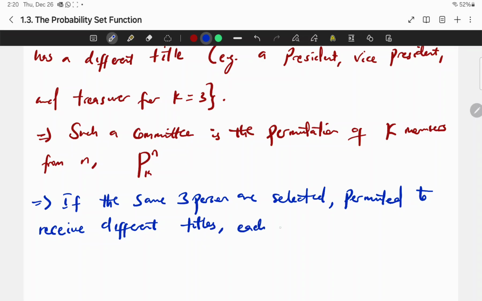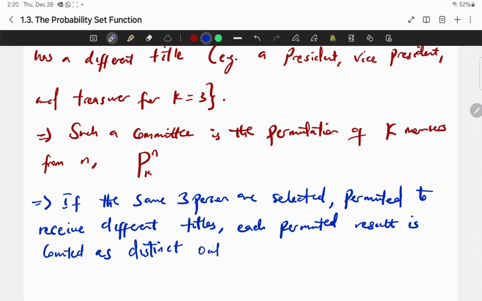So don't forget, this person cannot be a president, so that each permuted result is counted as a distinct one.